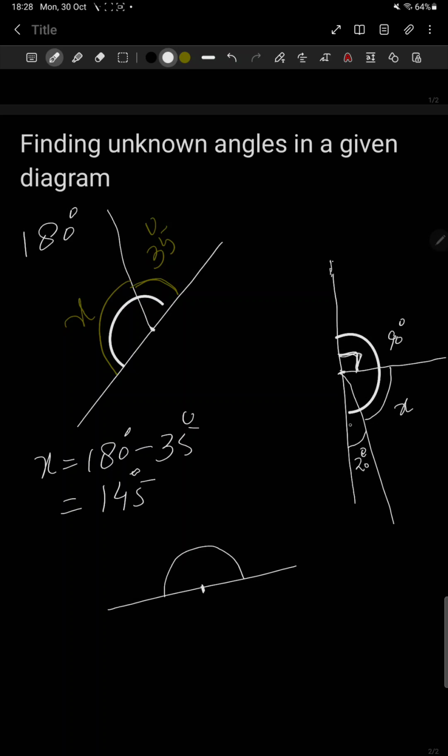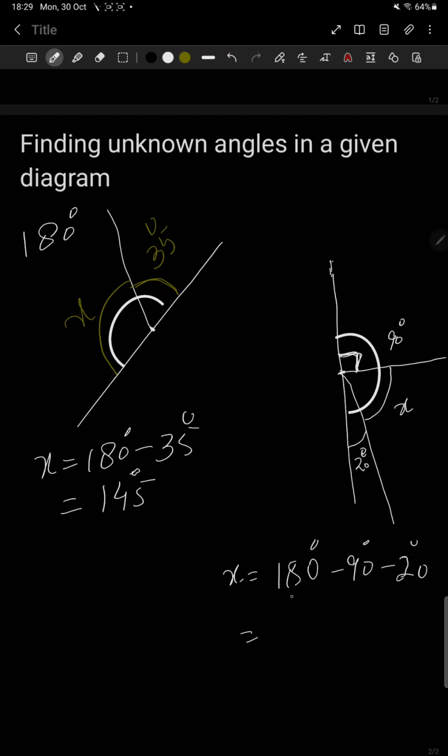So total is 180. So what do I need to do? I will write X is equal to 180, I will subtract 90 and also subtract 20 degrees.